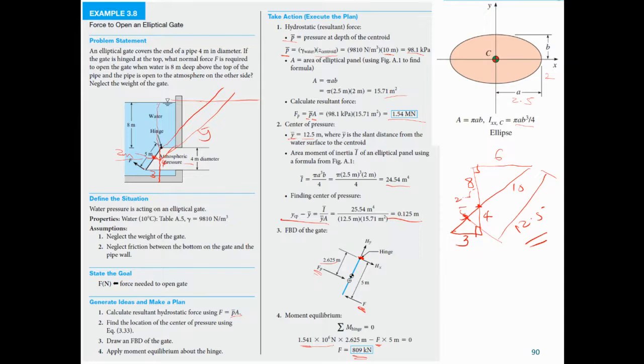The closer you are to the hinge, the more force needed. The pressure force is closer to the hinge, so applying the force further away from the pressure force, definitely you will require less force to counterbalance the moment created by the pressure force, Fp. I hope it is clear.